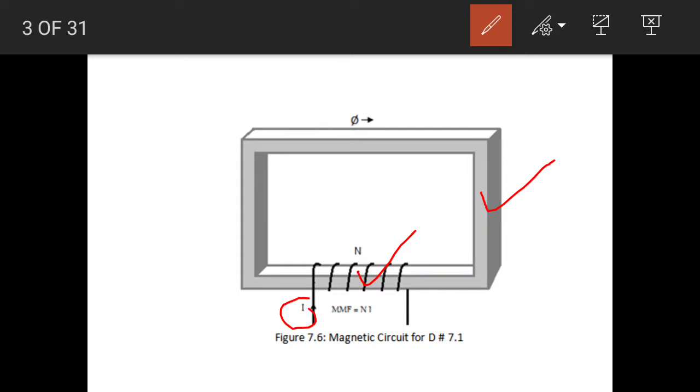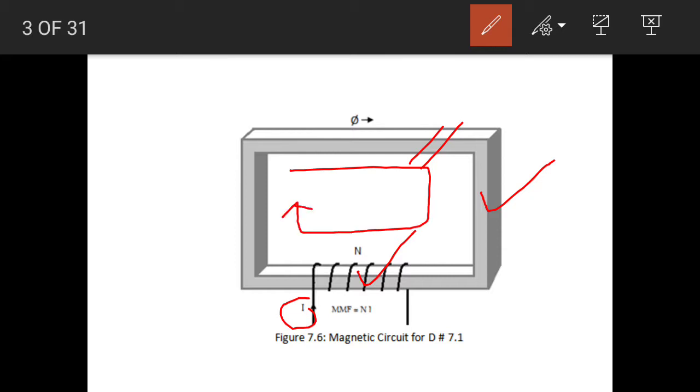Whenever there is a current in the coil, the current in the coil will generate magnetic flux, and this ring provides a path of low reluctance to the flow of magnetic flux. According to the right hand rule, the flux in this rectangular ring will circulate in the clockwise direction.